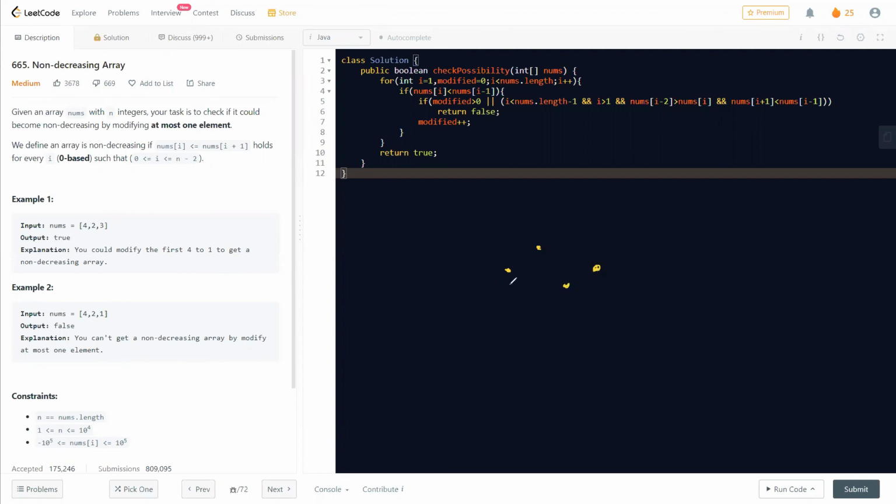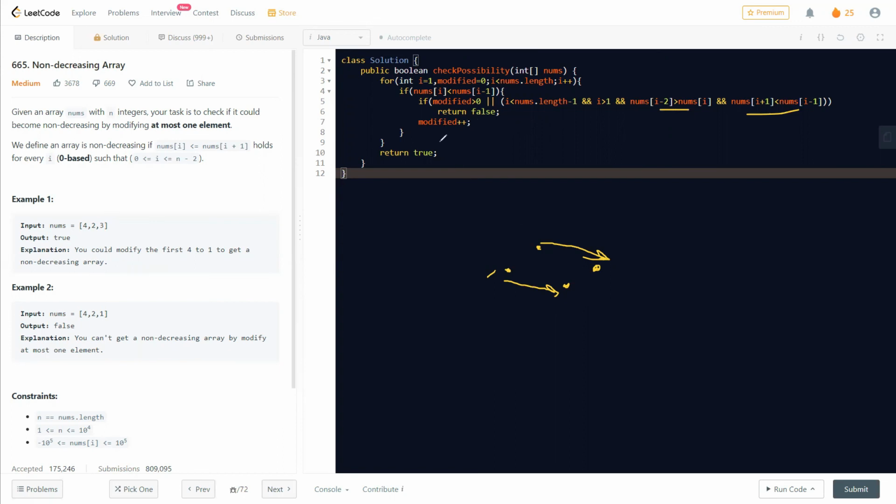So we are finding that this value is going down, y to b, and nums of i plus 1 is less than nums of i minus 1. So this value is also going down. If both of these hold, we return false. That was the condition we look for, y, a, b, y.